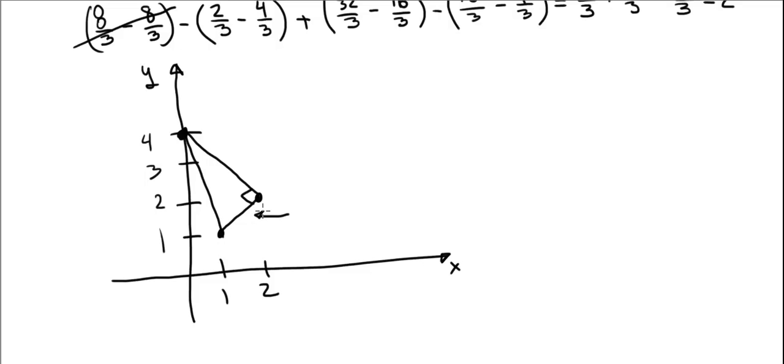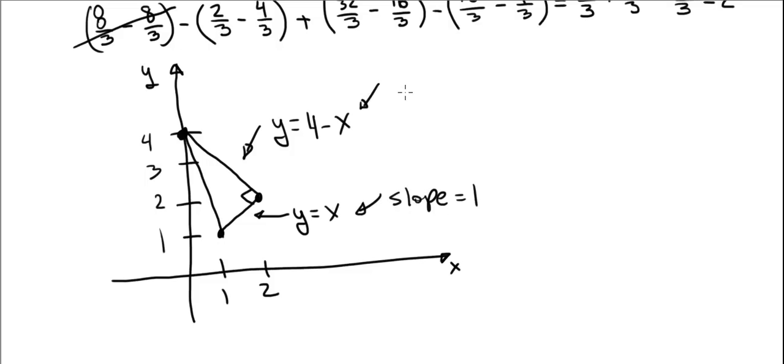So look at this. This is the line y equals x, right? This is the line y equals 4 minus x. The slope of this line right over here is 1, and the slope of this line is -1.